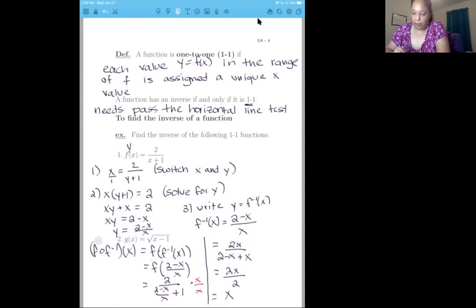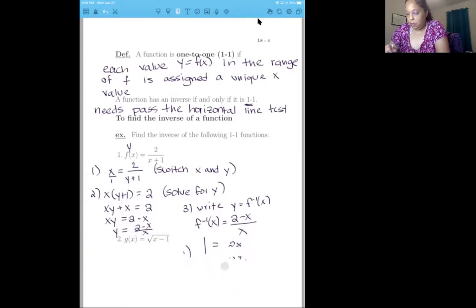All right, now let's try number 2. We want to switch x and y. So x equals the square root of y minus 1. And I want to solve for y. So I'm going to square both sides.